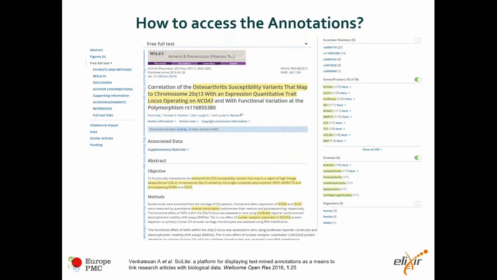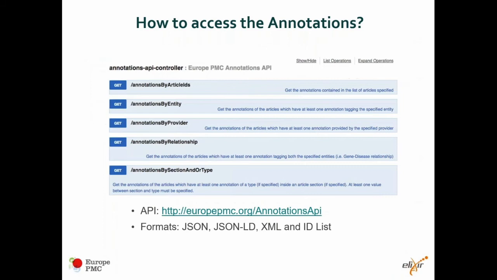And the other way to access these annotations is by the Annotations API. Like the Articles API hosted by Europe PMC, the Annotations API also provides different modules to access specifically annotations hosted by the platform.